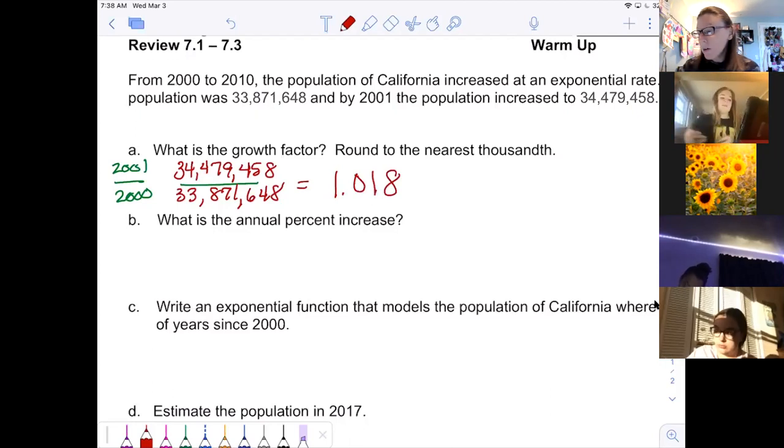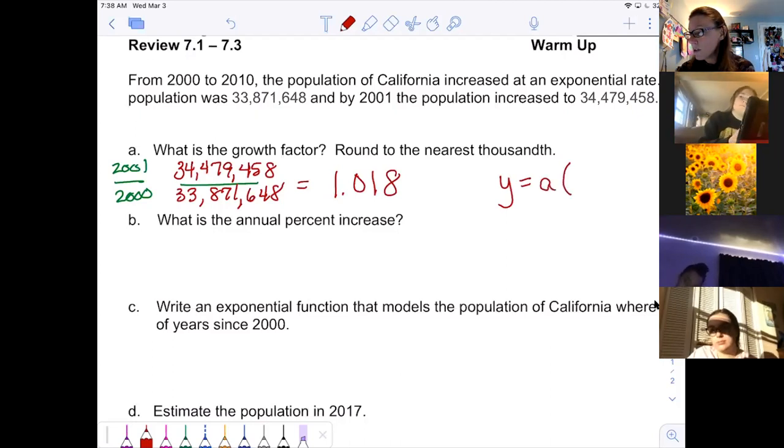So when we're talking about an exponential growth function, that number has to be bigger than 1, which it is, so we know it grows. There were two different functions that we talked about, a growth and a decay, but for it to grow, we use the model y equals a, and then 1 plus r to the t.